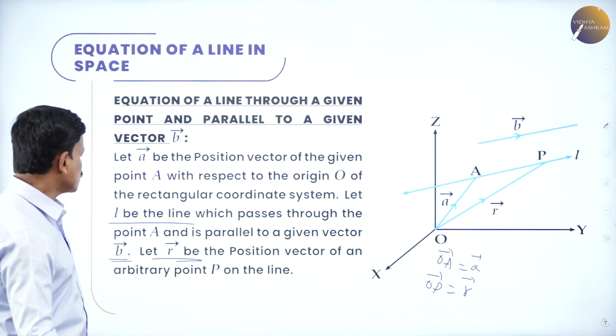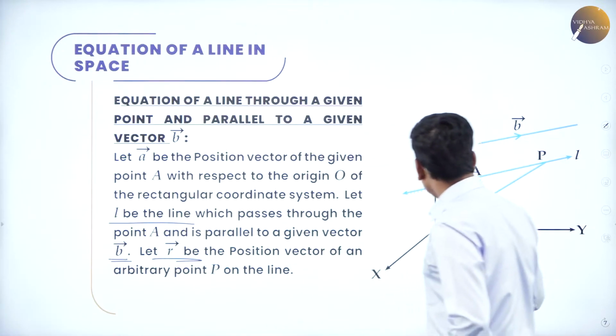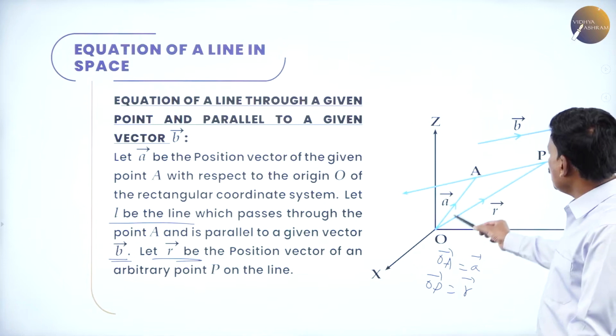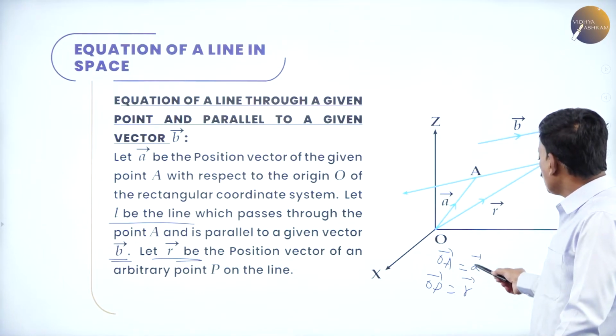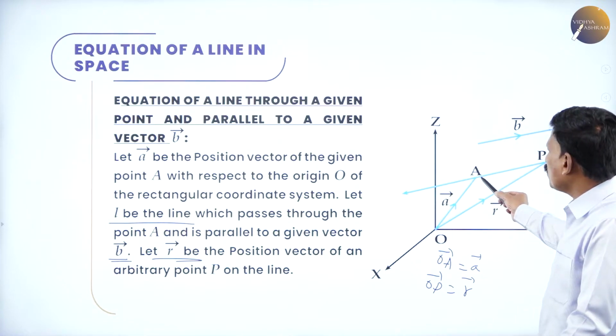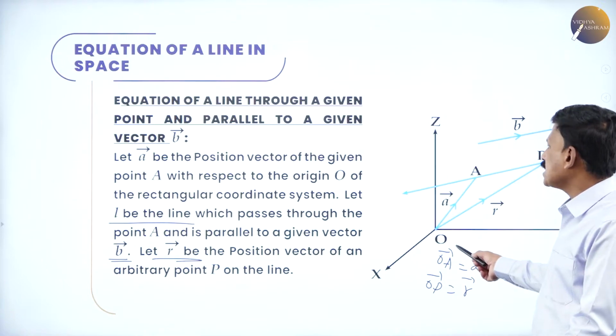So this is the construction part. Listen to me here, very simple and very important. Let a be the position vector of a point A. Therefore vector OA is equal to a, with respect to the origin of the rectangular coordinate system.